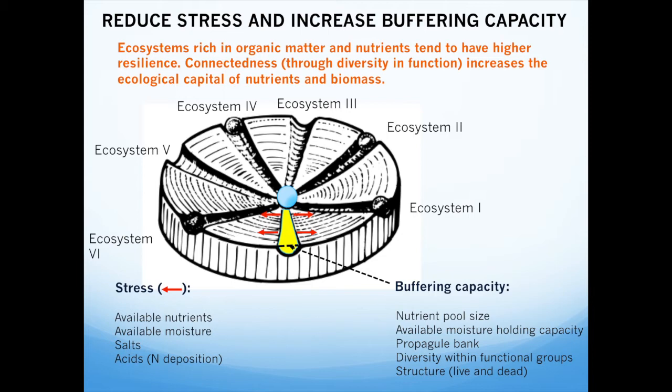Now, I've added another set of arrows in here, and those constitute stress. So what happens with stress, and I'll give you an example of this in a minute, stress tends to push these ecosystems laterally. So they'll move the ecosystems all out of this channel. They tend to do it in a kind of a consistent fashion, as opposed to a single disturbance event that sort of jumps the ball out.